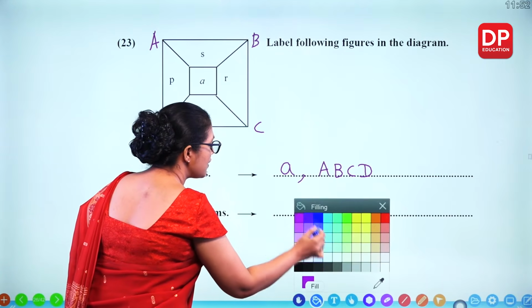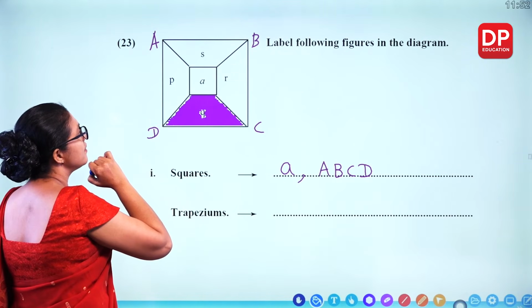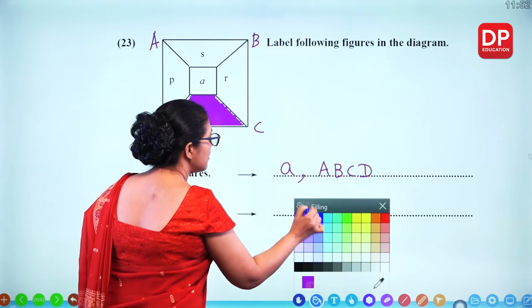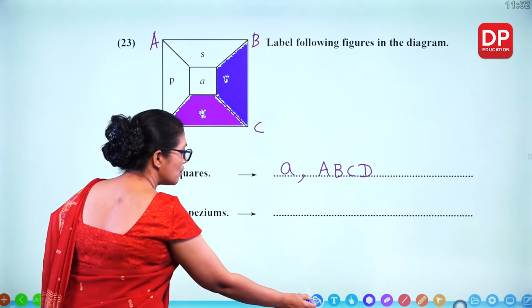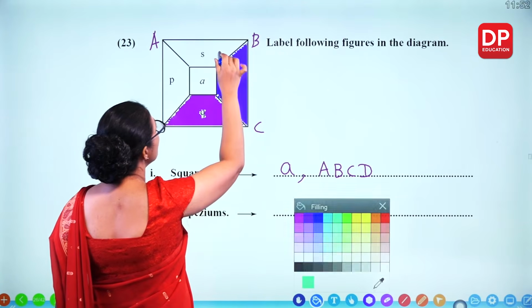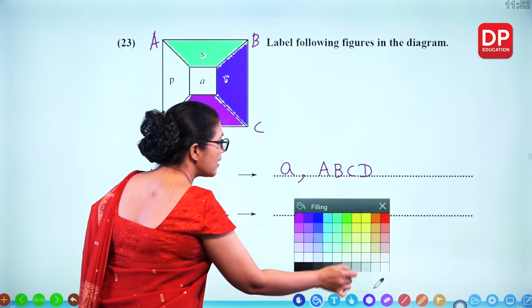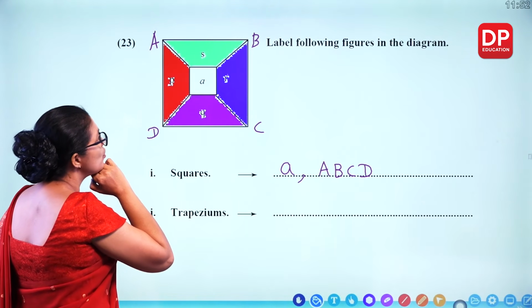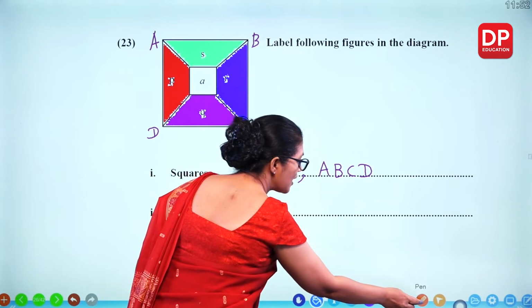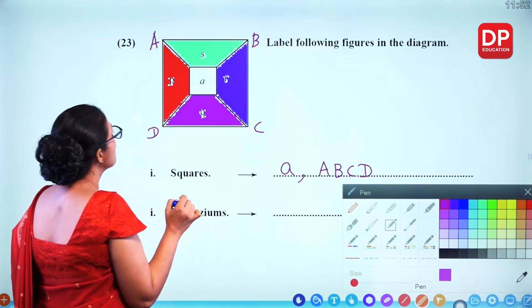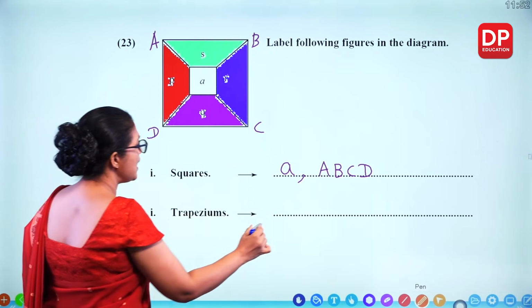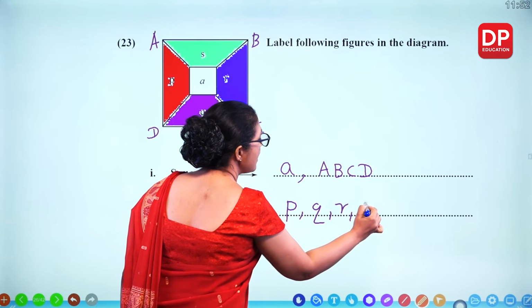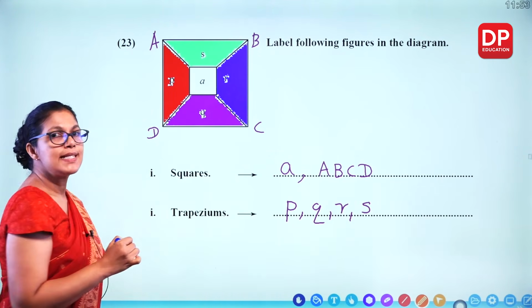Can you identify trapeziums? 1, 2, 3, 4. Those are the 4 trapeziums we can identify. So what are the letters? P, Q, R, S. Those are trapeziums.